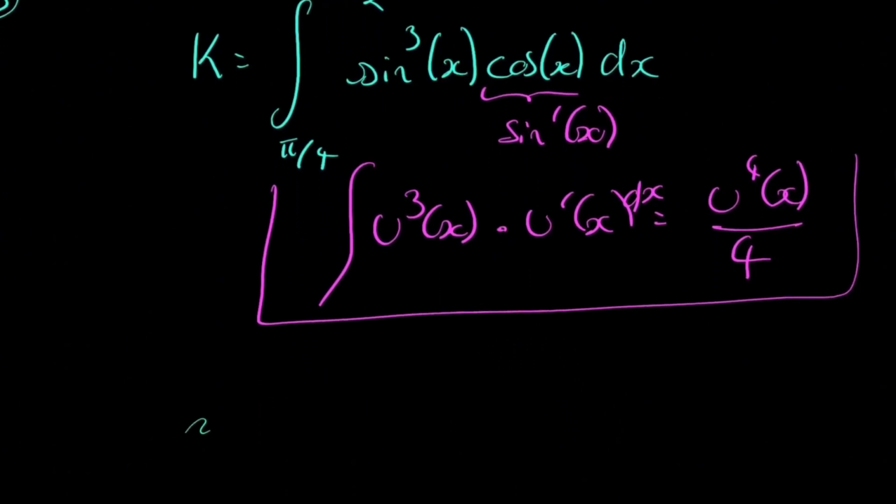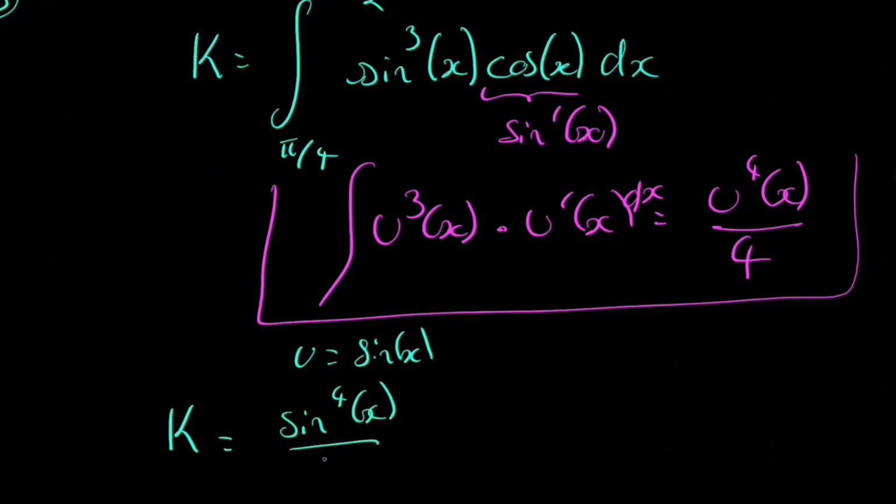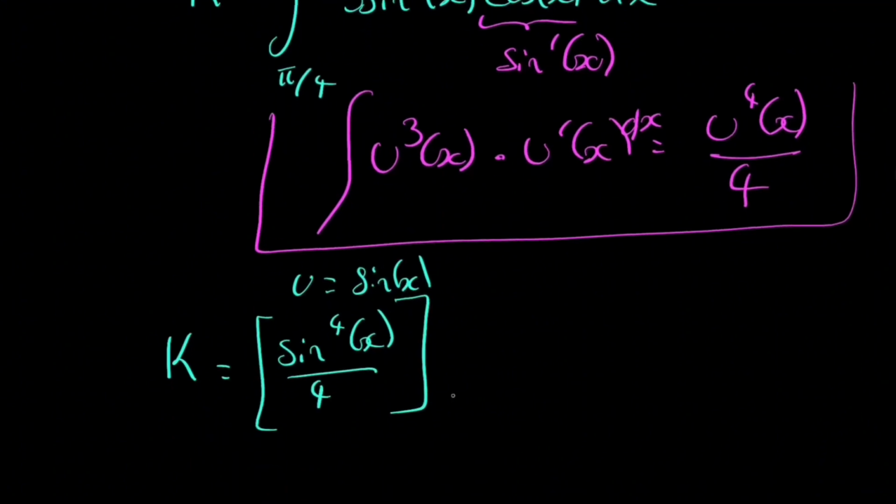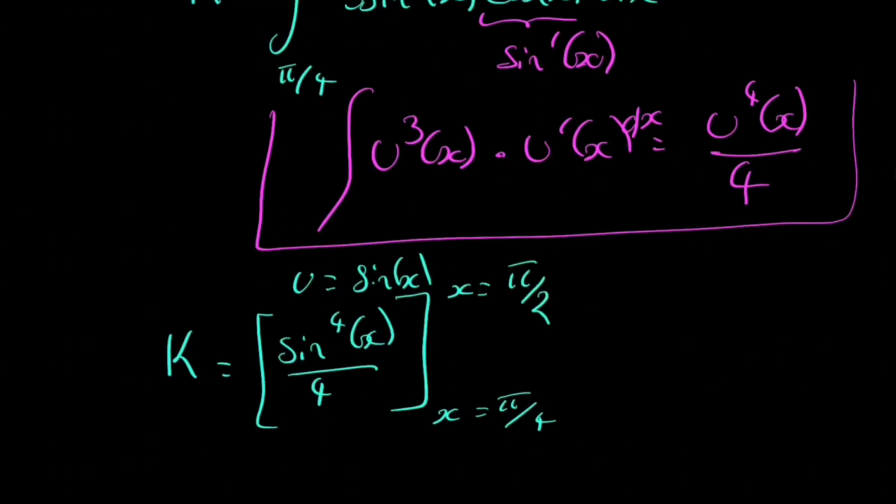So K, using u equal to sine of x, is equal to sine to the fourth power of x over 4 taken between x equal pi over 4 and x equal pi over 2.